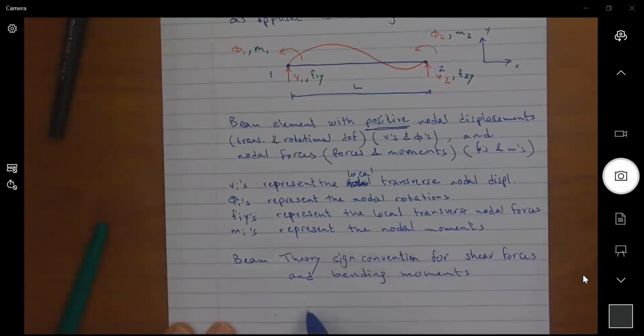If I look at the element here, it's as if I am looking at a section to the left of the beam or a section to the right of the beam.